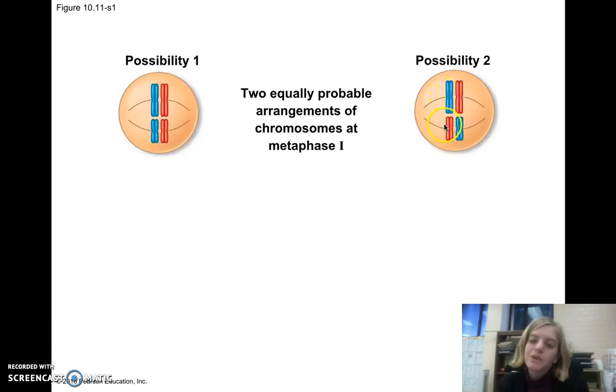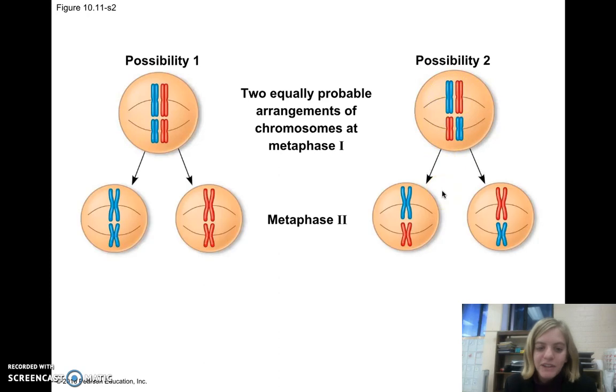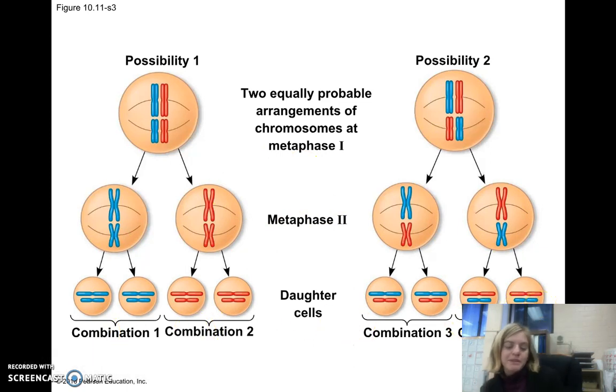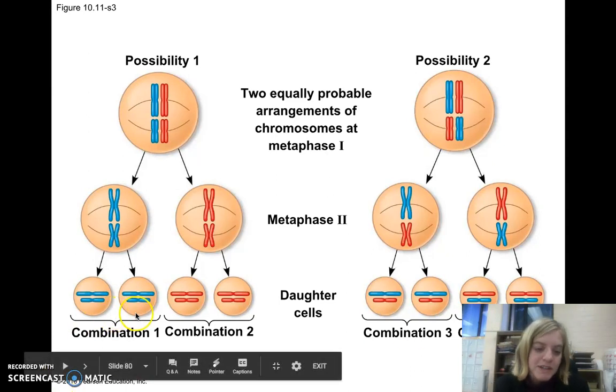It could be blue here, red, blue, etc. And then you can see, with just these 4 chromosomes, after metaphase 2 and our daughter cells, we have a very original combination of the possibility for how our gametes could be created. And remember, meiosis is happening for all of your gametes, so just because you have this combination in one doesn't mean it's going to be the same in the other one. It might look like this, or even something else.